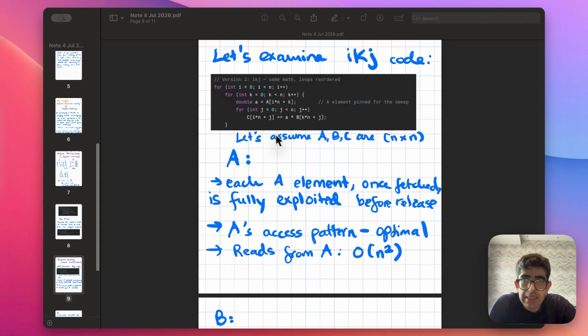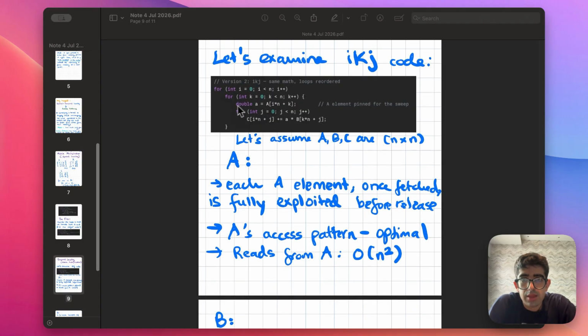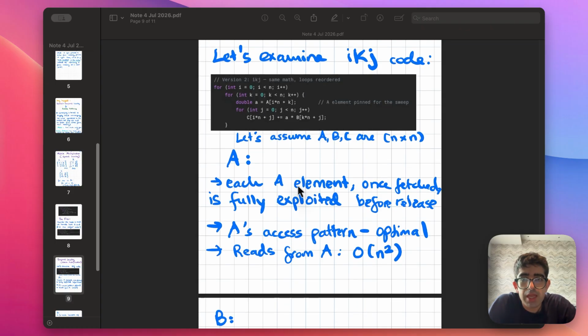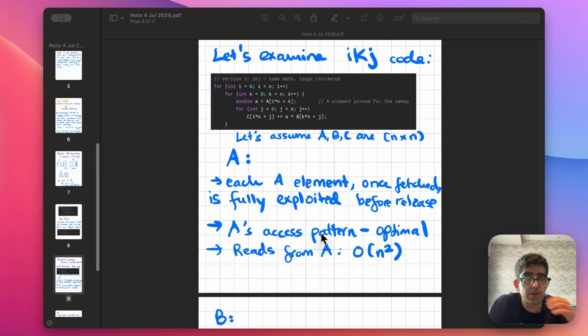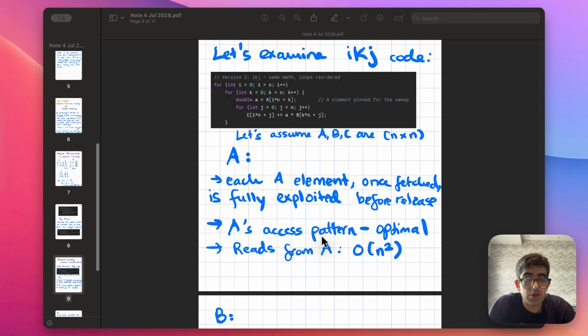The reason is that in the loops, we fix a value of A and then reuse it across the innermost loop. So each element of A, once fetched, is fully exploited before we evict it from the cache. A's access patterns are thus optimal, and we perform roughly n squared reads of A from memory.